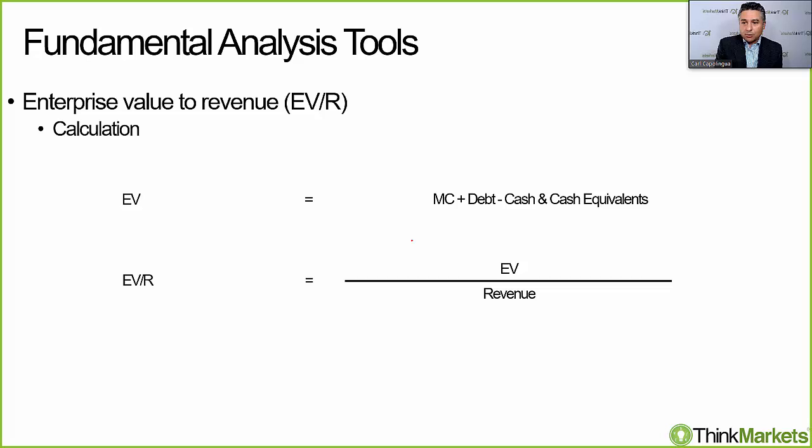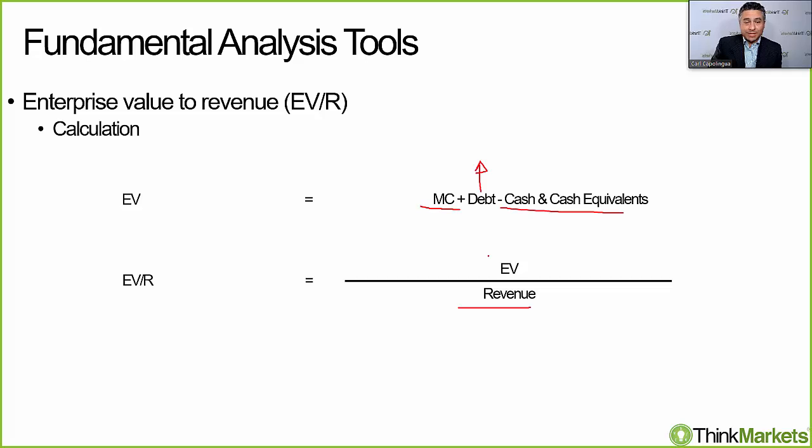Okay, enterprise value to revenue, how do we calculate it? So enterprise value first, it's the market capitalization of the stock. So literally, we've already discussed this, isn't it? So it's the number of shares outstanding times the price plus the debt. I'll show you how to find this, minus cash and cash equivalents, and then we divide that by the revenue. So obviously, the bigger the company's debt, the higher this number will be.